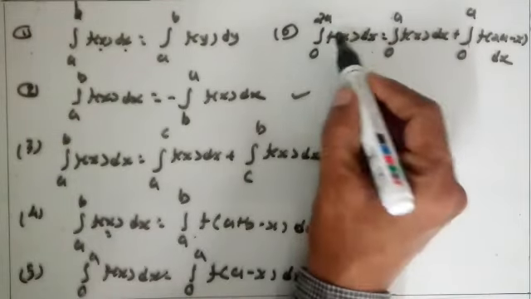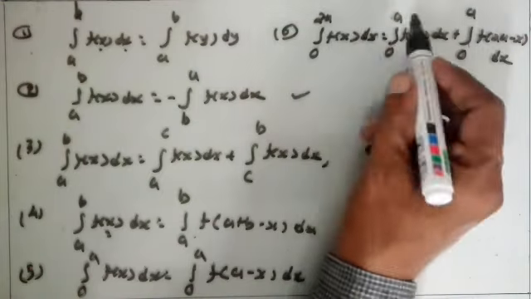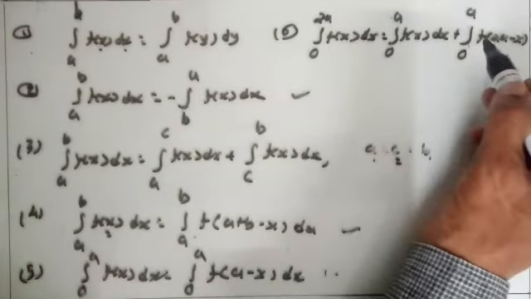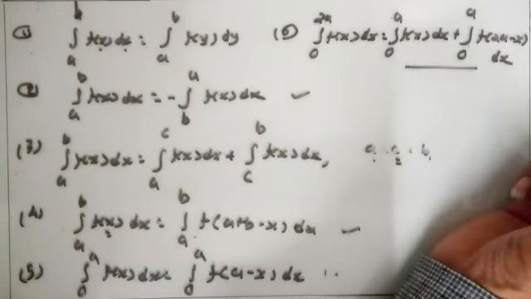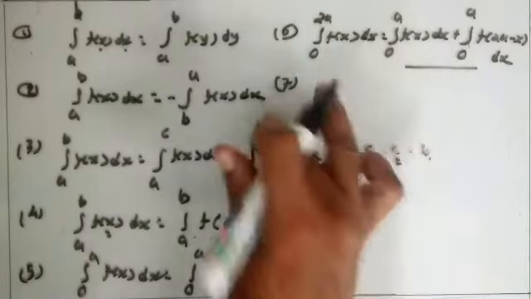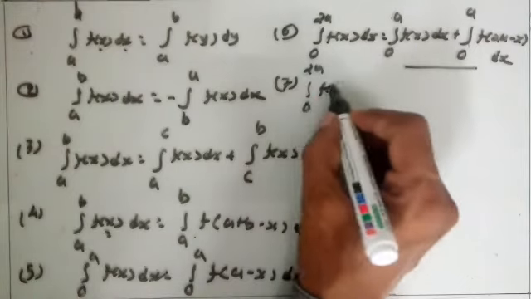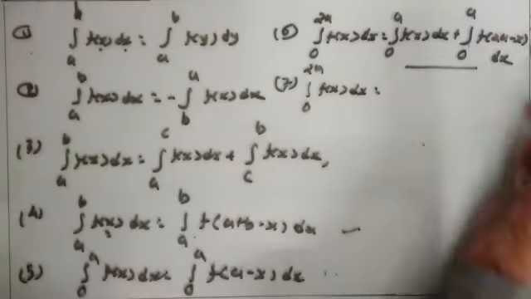That is, 0 to 2a f(x) dx is equal to 0 to a f(x) dx plus 0 to a f(2a minus x) dx. Remember this important property.